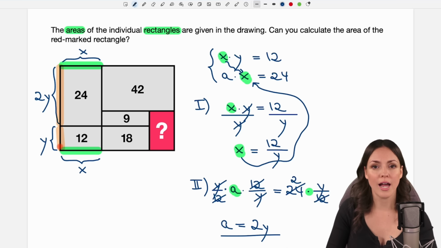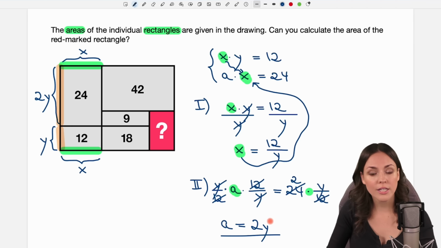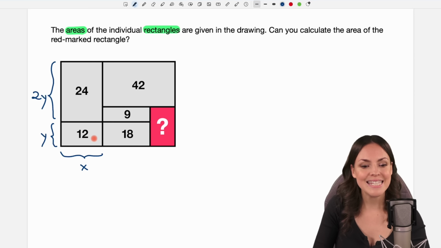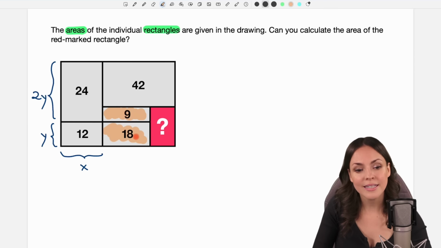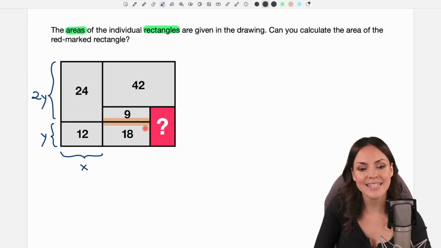So we can use it from now on, not to do these calculations anymore, but to compare rectangles and to see if they have sides that they share. So for example, this rectangle here and this rectangle here, they share this side here.